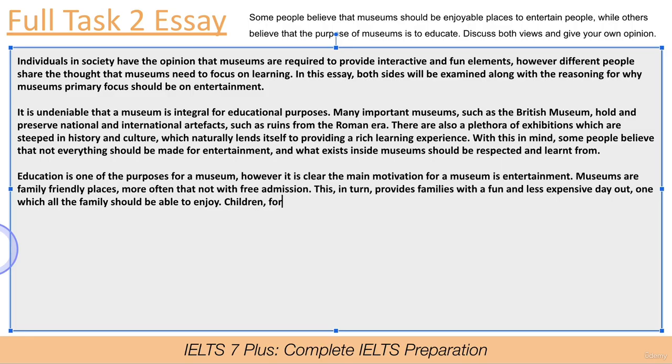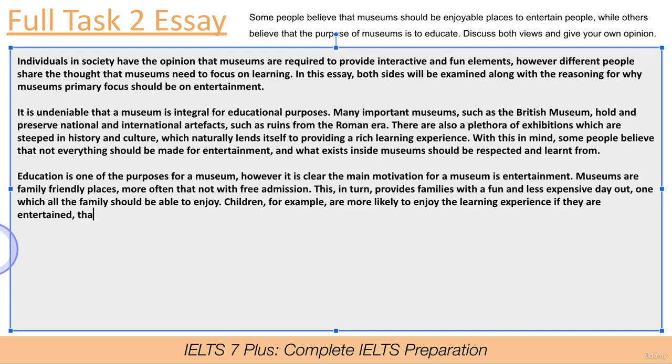Children, for example, are more likely to enjoy the learning experience if they are entertained. Oh, and we're checking our spelling as we're going along. Entertained.